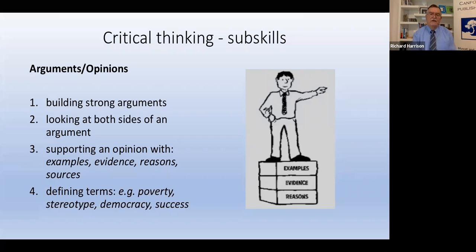Another point, I think, is defining terms. If we're going to have a discussion or an argument about poverty or stereotypes or democracy or whatever, we need to have a clear idea in our own minds of what exactly we mean by these terms. And that actually helps us in our thinking.